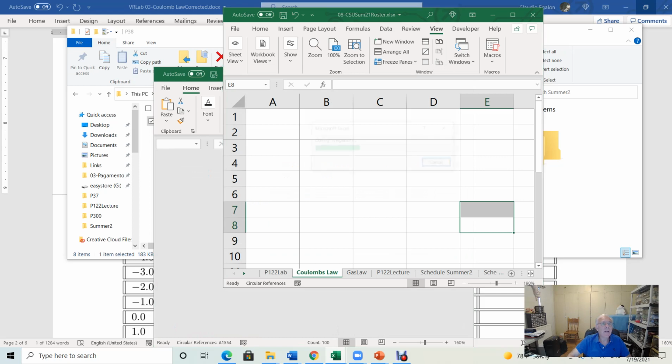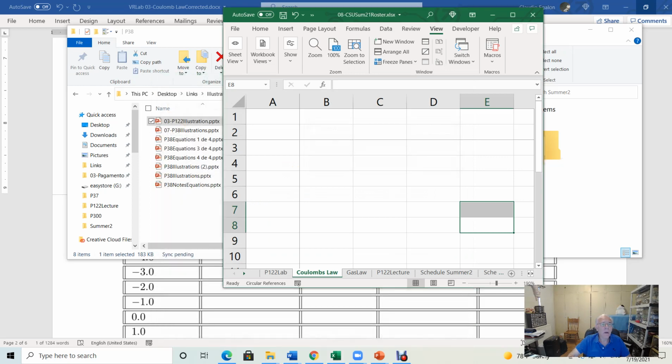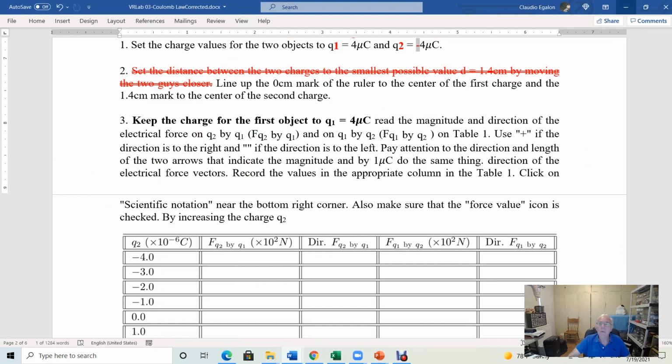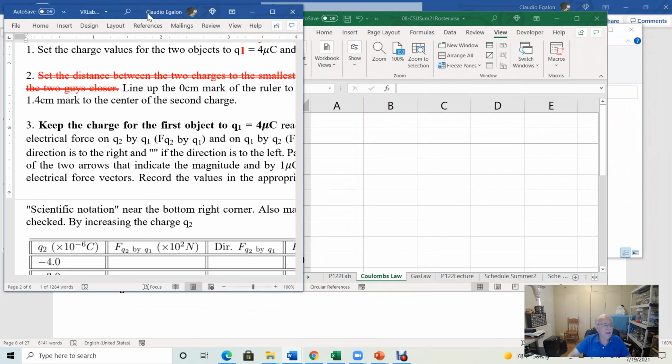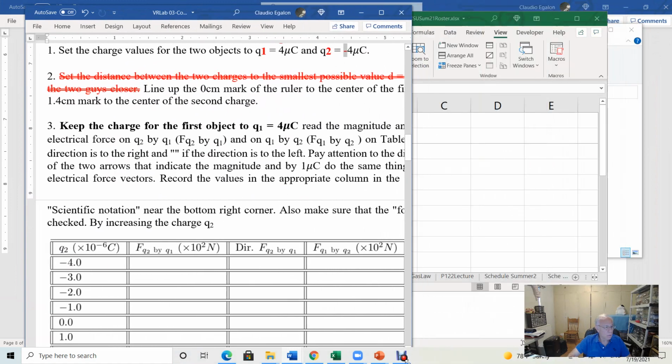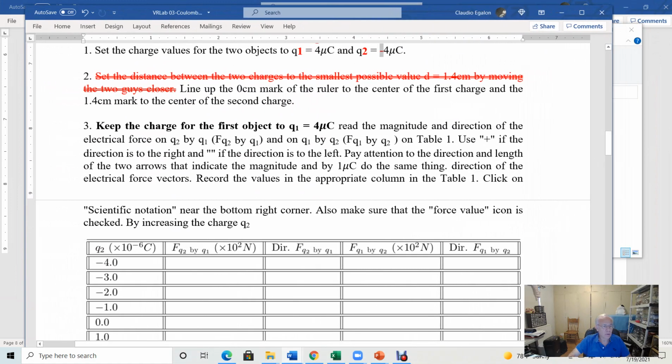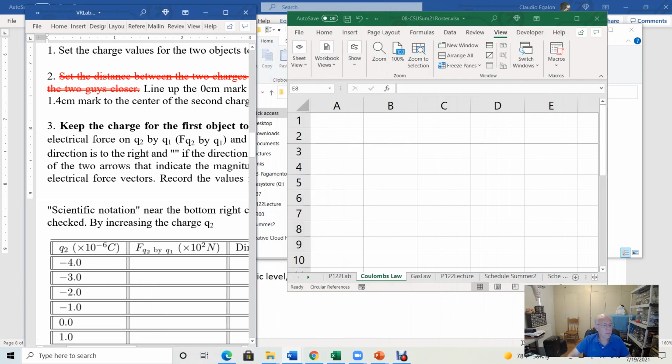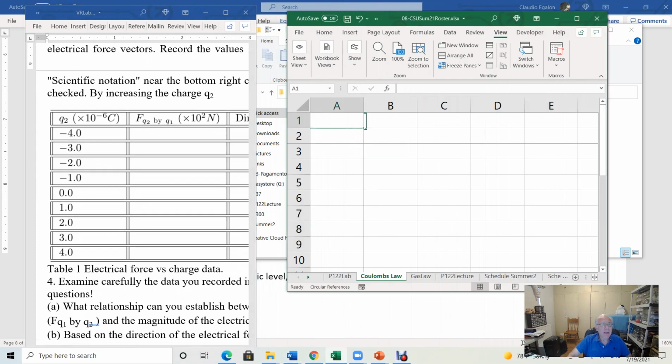We don't need that for now. What we are going to do is change charge 2 and keep charge 1 constant, okay? But I'm going to create a column here with charge 1 anyway.